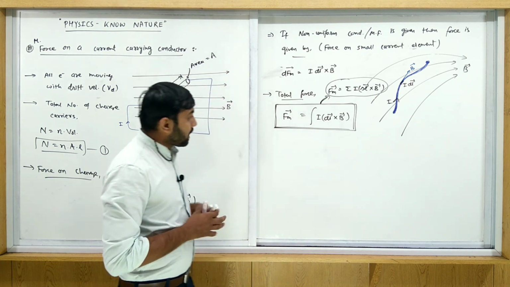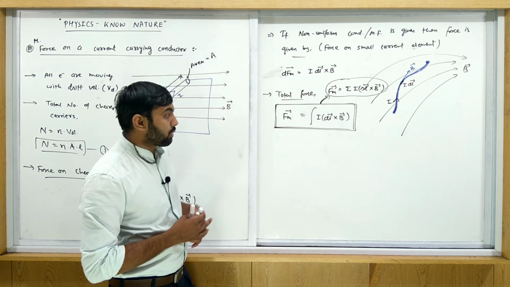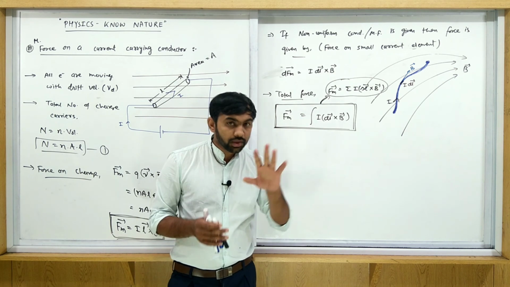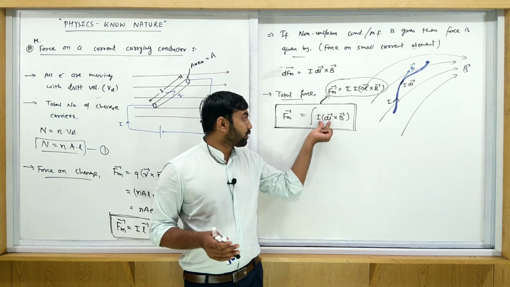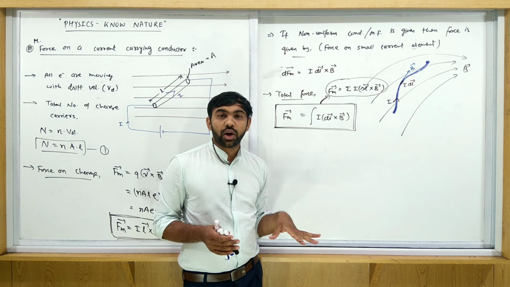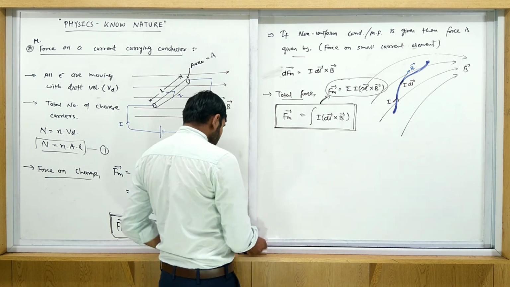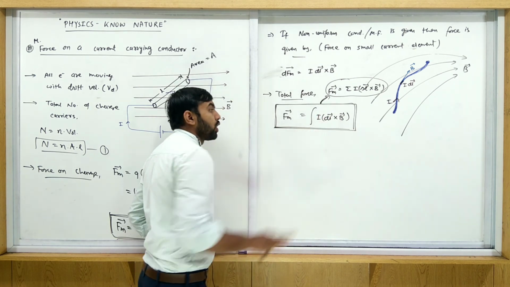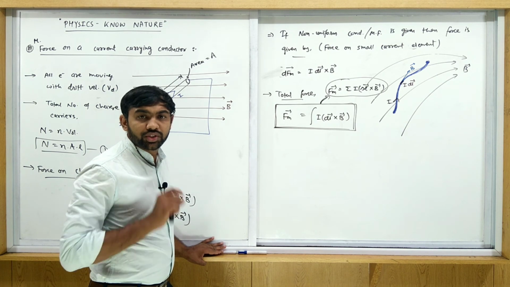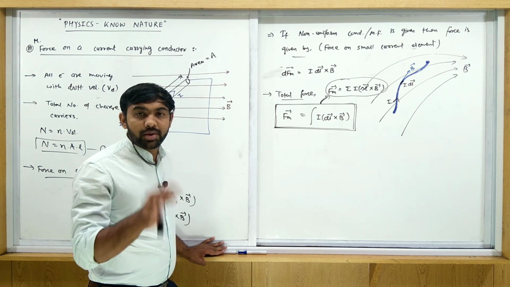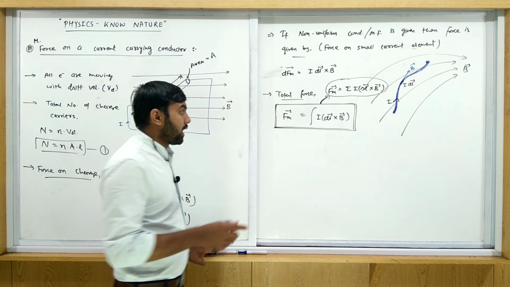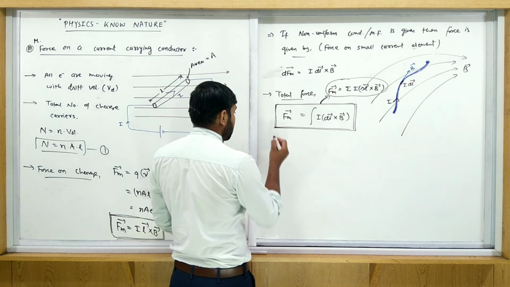Now, whenever this type of situation is given, if the magnetic field is uniform and only the conductor is non-uniform, meaning its length is not straight, maybe a circle, maybe a triangle, whatever is given to you, then you must write the equation in this format.